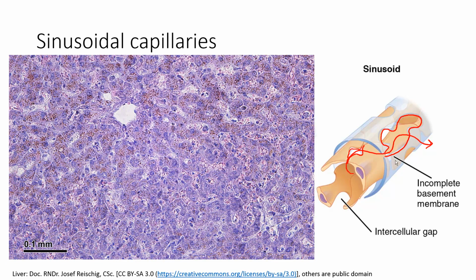In fact, one other thing before I go to the other picture: we also see that these are rarely perfectly cylindrical. If I outline the sinusoidal capillary in this light micrograph of the liver, you can see that it takes a tortuous, weird little pathway. So these are very odd shaped and discontinuous, allowing maximum contact between the blood space and the tissue space.